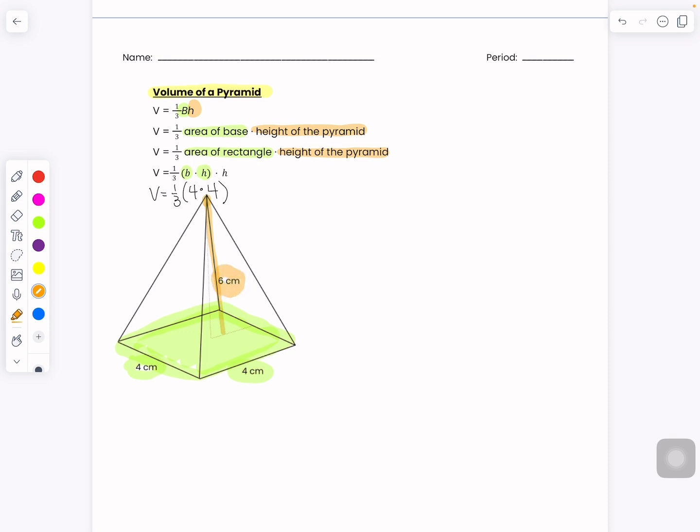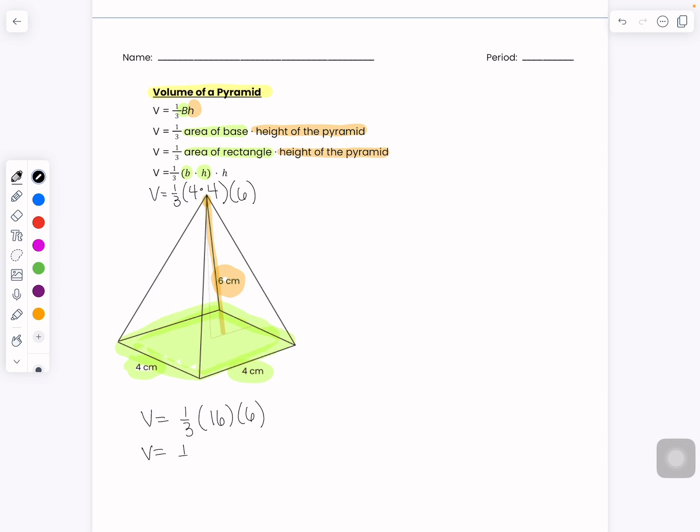In this case, that distance is 6. When we go in and do the mathematics, volume equals 1/3 of 4 times 4 is 16. And then we have 16 times 6.